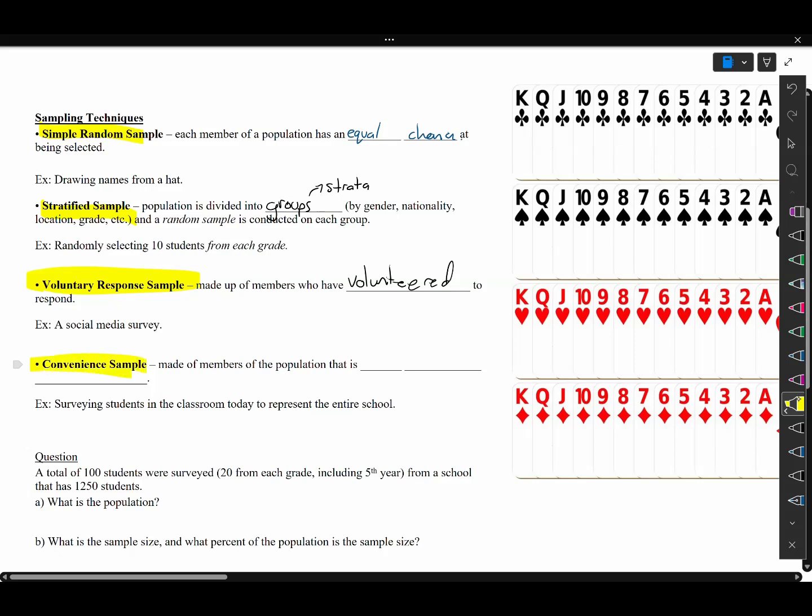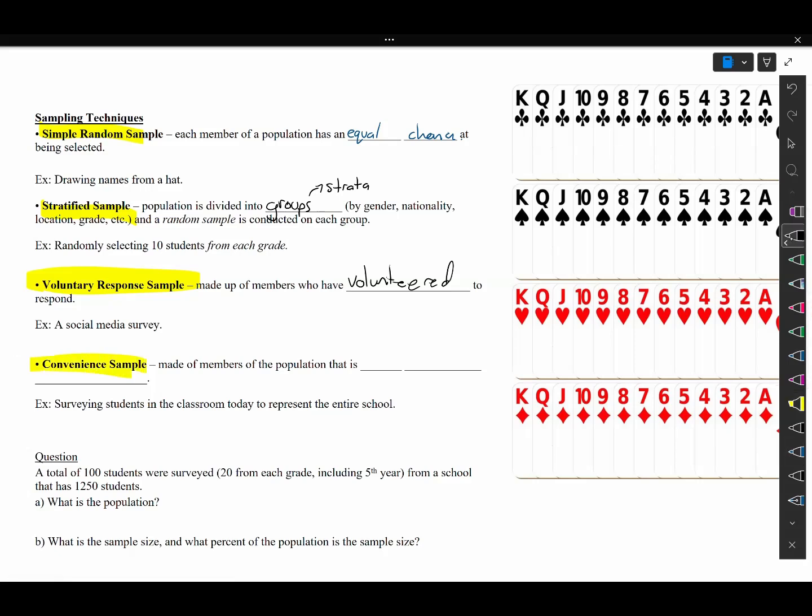Lastly, we'll look at a convenience sample, even easier. They're made up of members of the population that are easy to reach or easy to collect or easy to ask about. Right? Now, if we were trying to collect some information on students in the school, we might stand right outside our doorway and ask anyone who walks by.